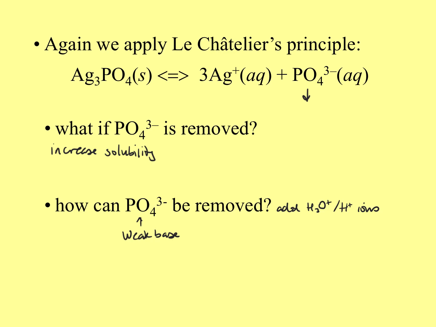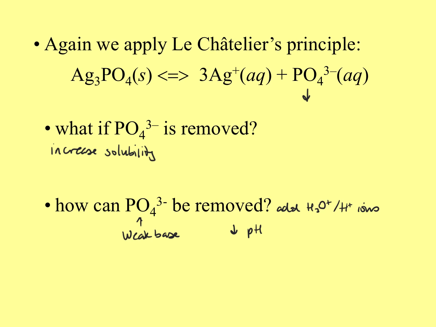So remember that by adding H plus ion, you are decreasing the pH. Okay, so by decreasing the pH, by adding H plus ion, you're removing PO4 3 minus ion. But remember that the base here has to be weak.